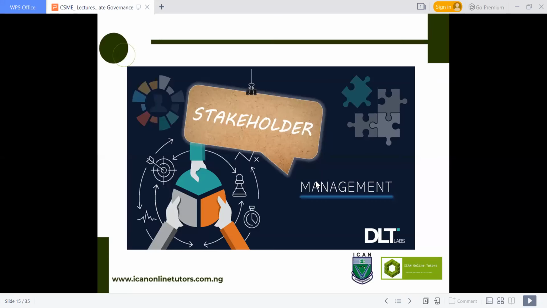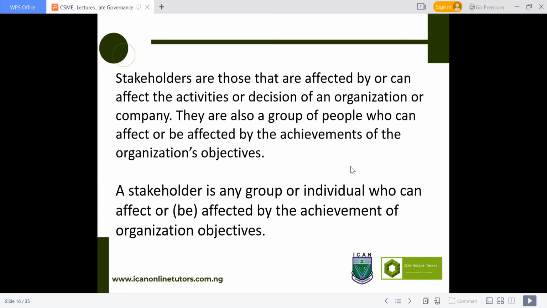So now stakeholders, who are stakeholders? Stakeholders are those that are affected by or can affect the activities or the decisions of the company. They are also a group of people who can affect or be affected by the achievement of the organization's objective.